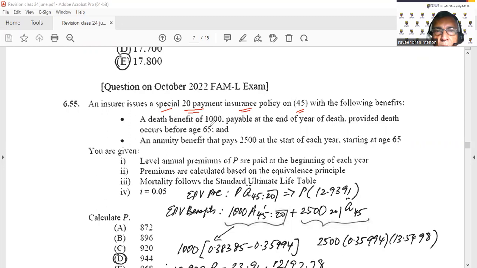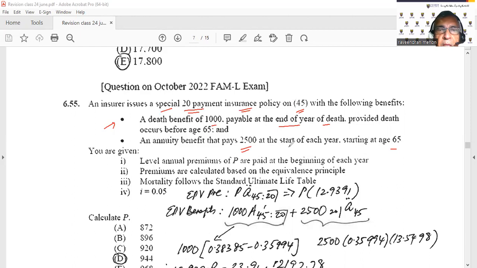A death benefit of 1,000 payable at the end of year of death, provided death occurs before 65. So here we have a term insurance, the first part. The second part of the benefit is an annuity benefit that pays 2,500 at the start of each year, starting at age 65.